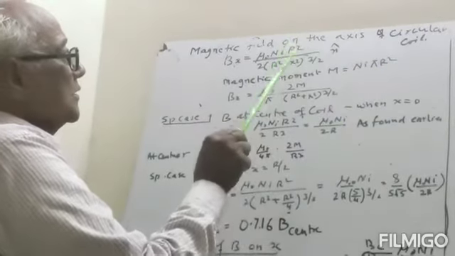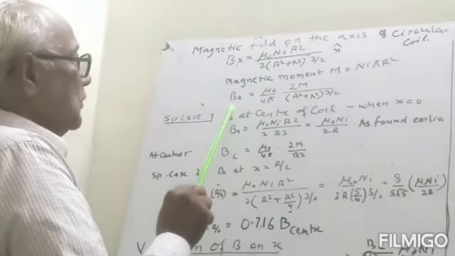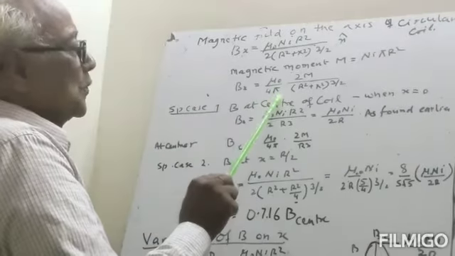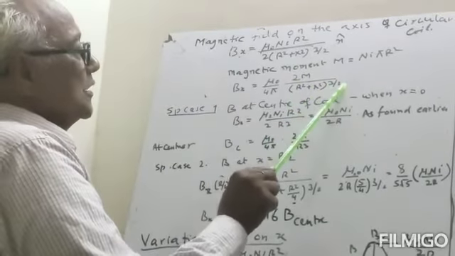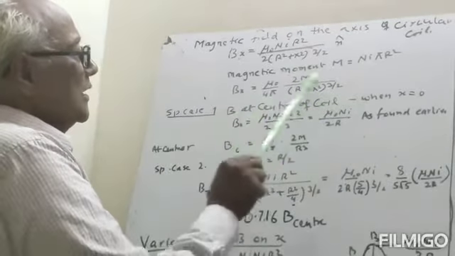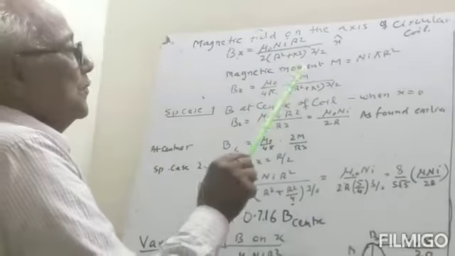We substitute here, multiplying and dividing by π. So B = μ0/4π × 2M / (r² + x²)^(3/2). This relation is the magnetic field on the axis in terms of magnetic moment.